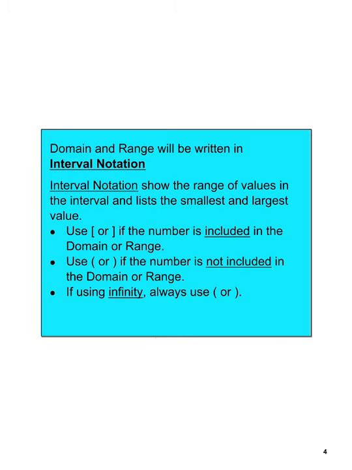All right. So the notation itself for domain and range, again, you're showing that range of values for x's and the range of values that the y's can be. If it's inclusive, meaning if that minimum and maximum numbers are part of the domain and range, then you would use the brackets. If they are not part of the domain and range, then you would use the parentheses.